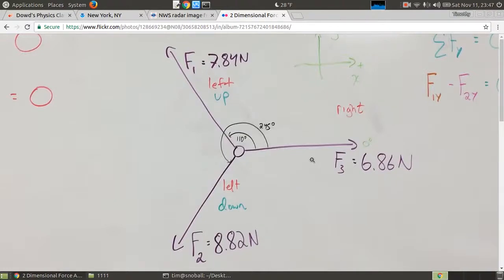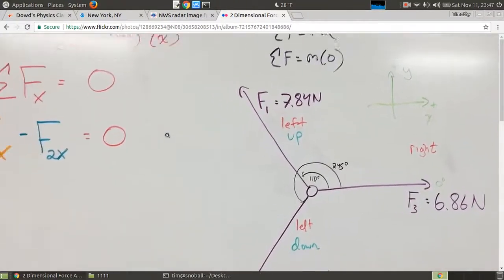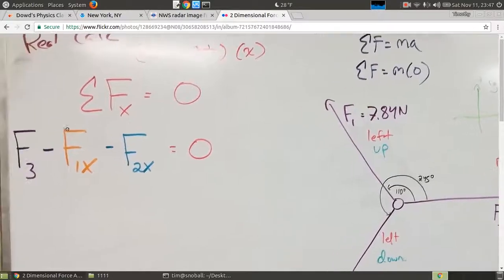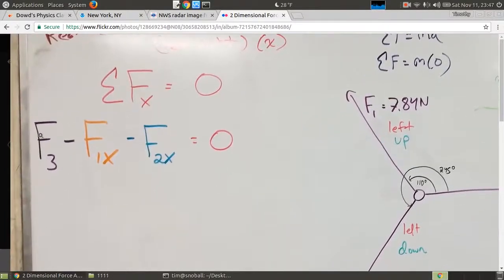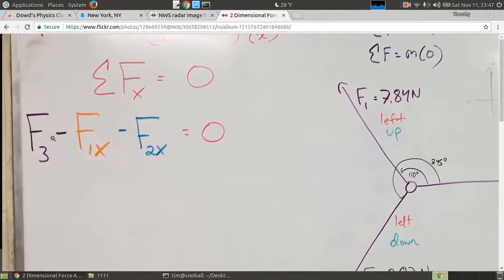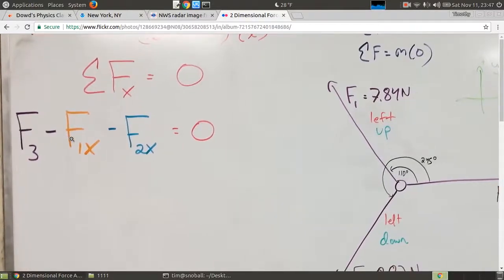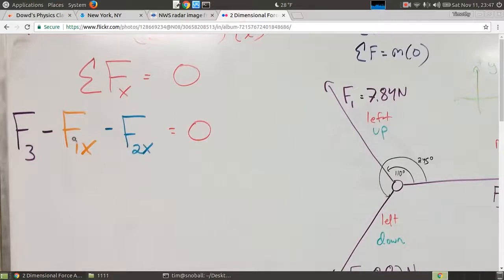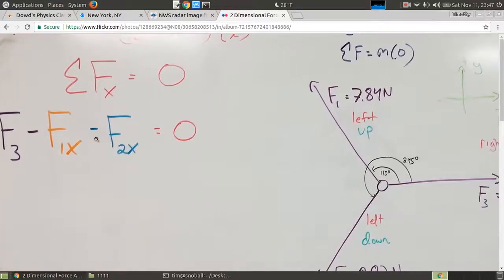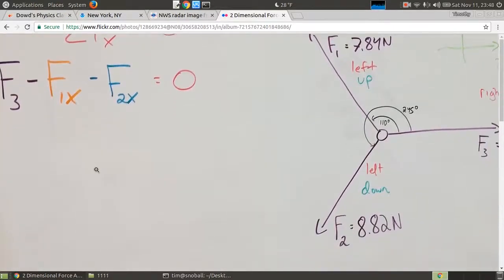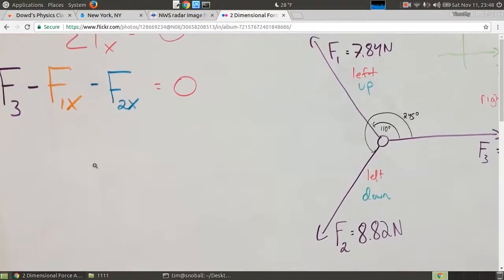So I've coded in red left and right. If we go over here to sigma F, you can see what I put here. The rightward F3 minus the leftward F1 and the leftward F2. Notice F2 and F1 have an x after.